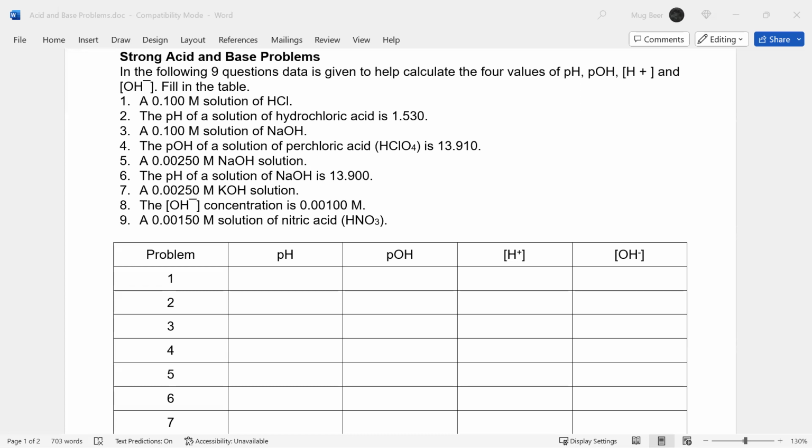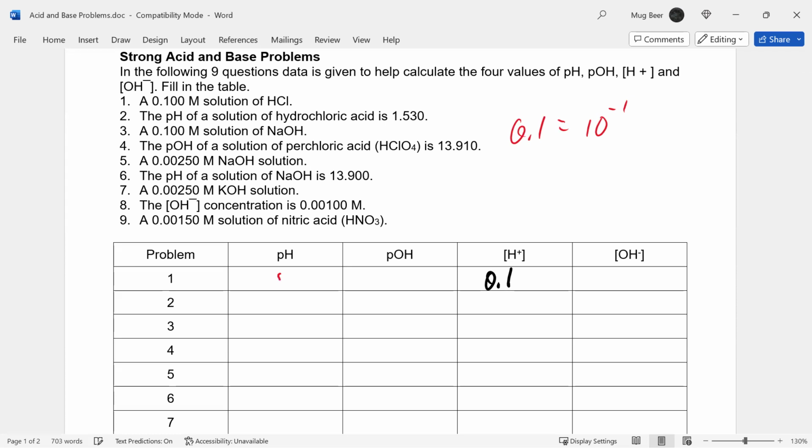Okay, so for this first one, we'll start off with 0.1 molar. We okay with that? That's its concentration. The brackets mean molarity, so I don't have to put the unit in. Okay, so what's the other way to write 0.1? 10 to the negative 1? Okay with that?